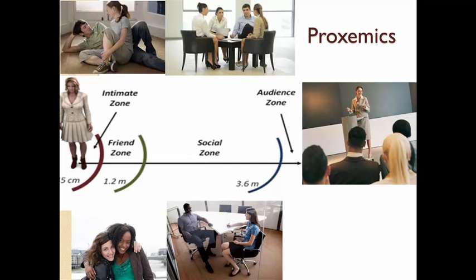I'm not concerned about you knowing the distances that are listed in this diagram, but you should have a sense of why some people are allowed to be closer to us comfortably than others, and what different situations might call for that. It's often a power play if somebody purposefully violates those boundaries which are socially set.